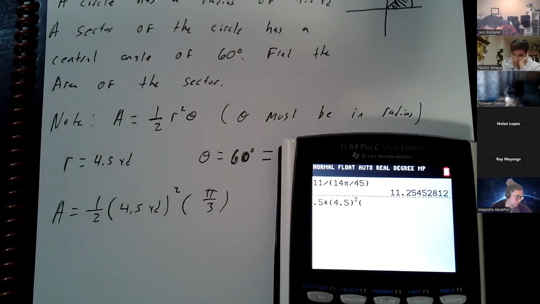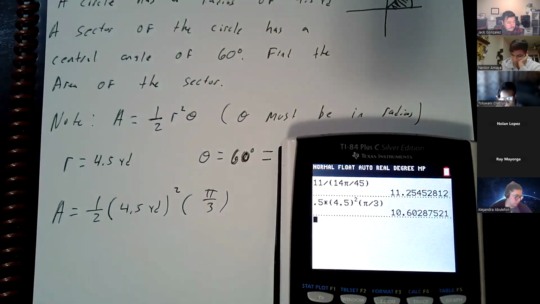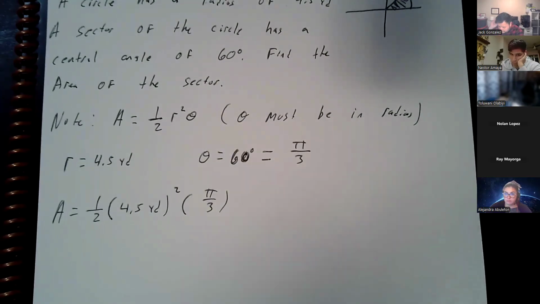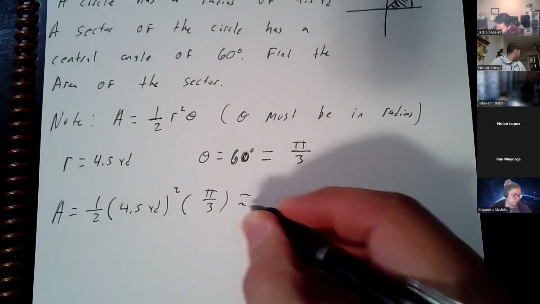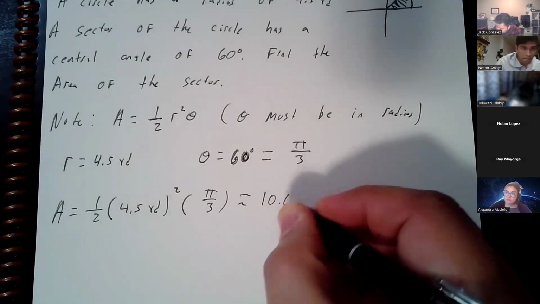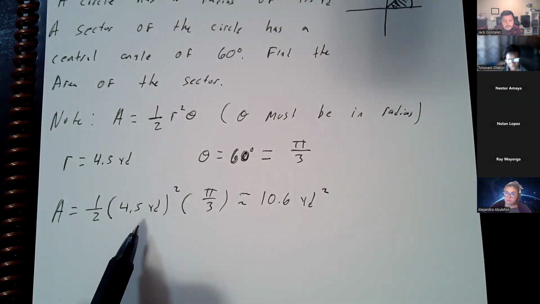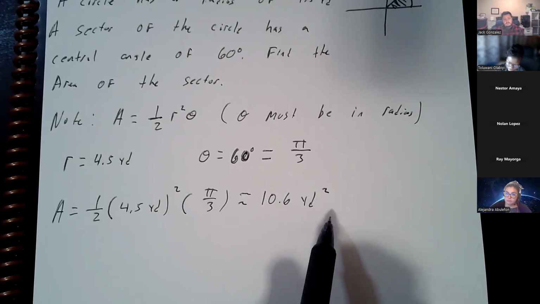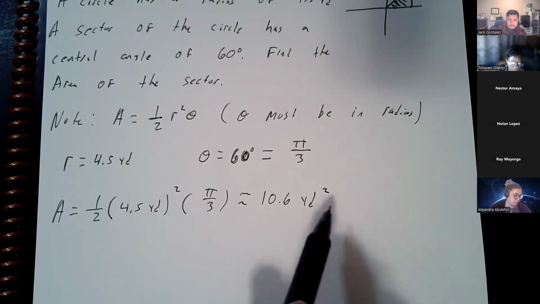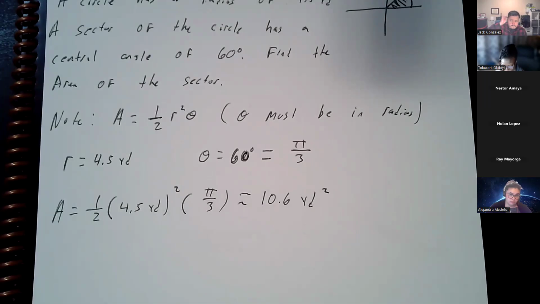Round to the nearest tenth. 10.6. And notice we went from yards to yards squared because we're dealing with area, right? Any questions on area of the sector?